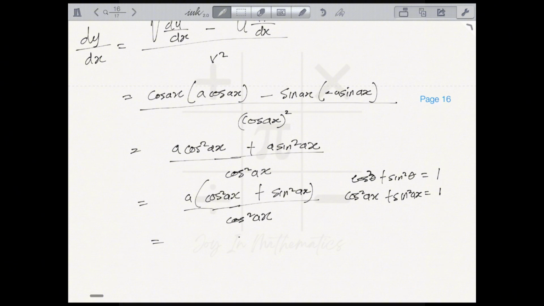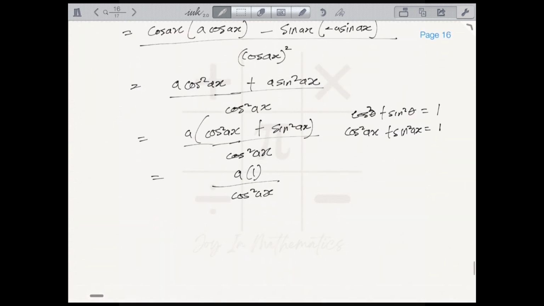So therefore we have a into 1 divided by cos square ax, and this will give us a over cos square ax, or rather it is a multiplied by 1 over cos square ax.